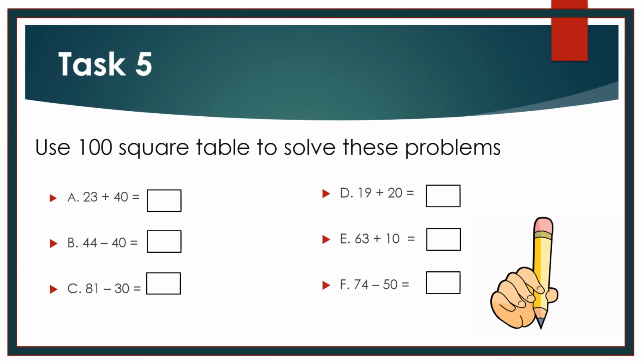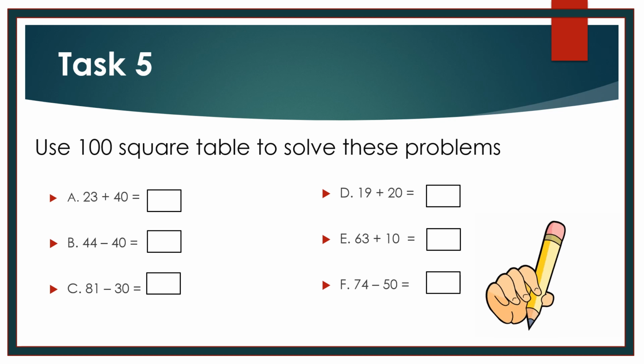Task 5. Use 100 square table to solve these problems. You can refer the 100 square table available in the document. The first example, 23 plus 40. In the 100 square table, go on 23. Whenever it is addition, you will count on. 40 makes 4 tens.